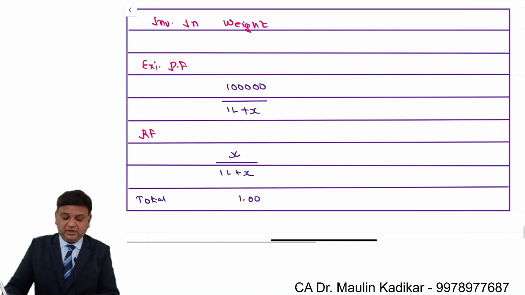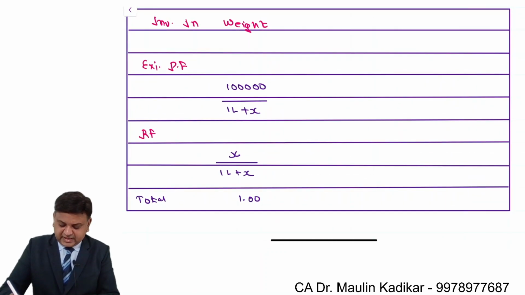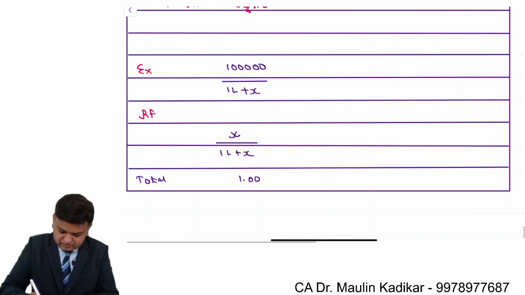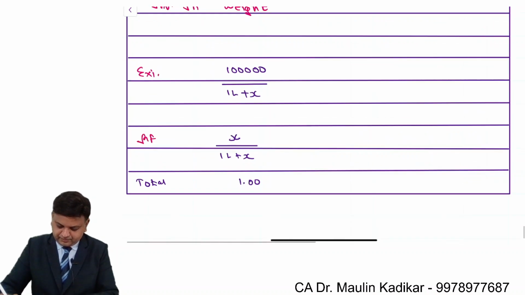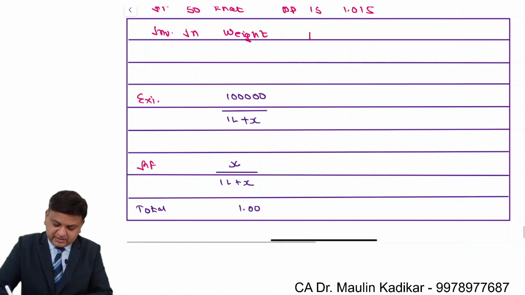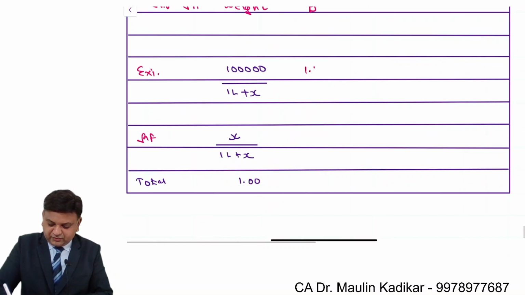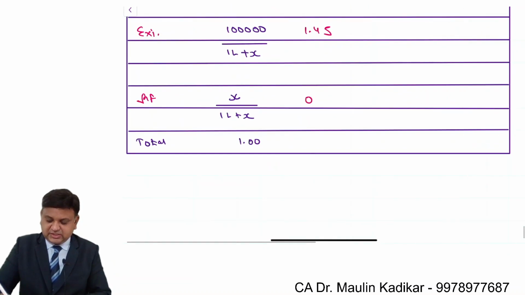So the weight is calculated as 1 lakh upon 1 lakh plus X. That is for the existing portfolio. And this is the weight of the risk-free security. Multiplied with the respective beta. This is 1.45 and this is 0.